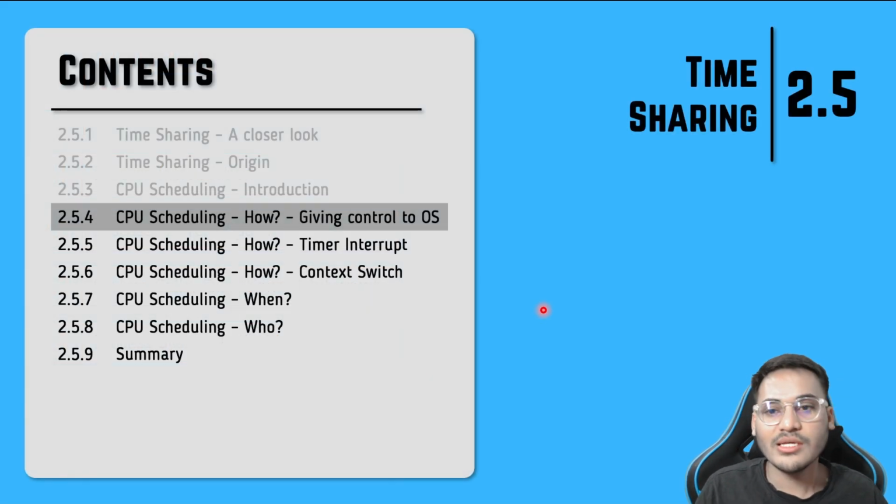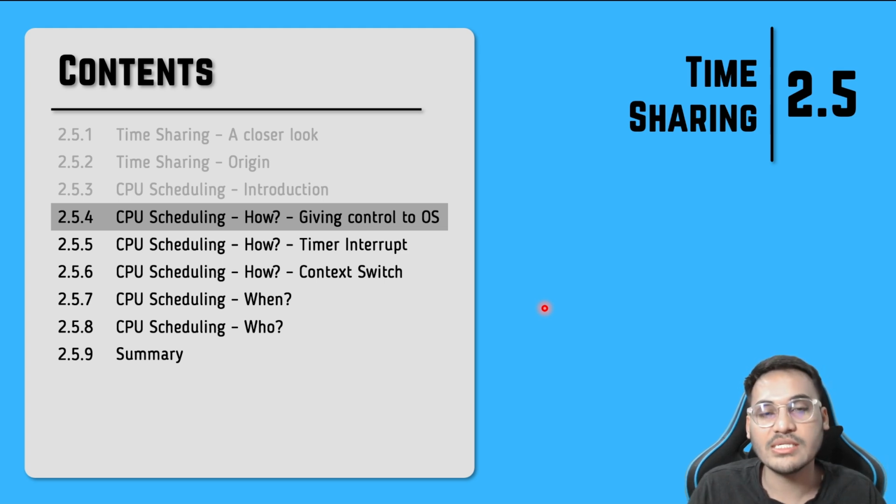Within this topic, we will be talking about what time sharing is and how it is implemented via this concept of CPU scheduling. In the previous few videos, we have already talked about what time sharing is, what the different aspects of time sharing are, and what its origin was.